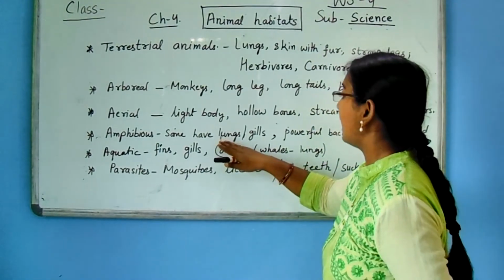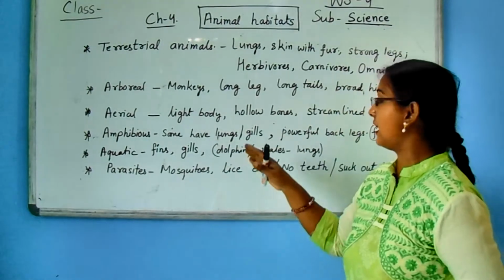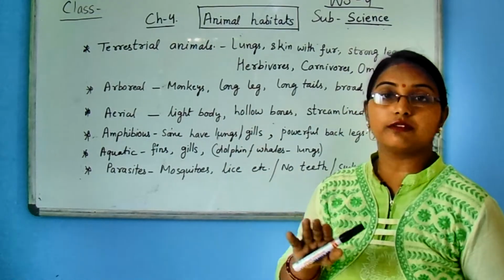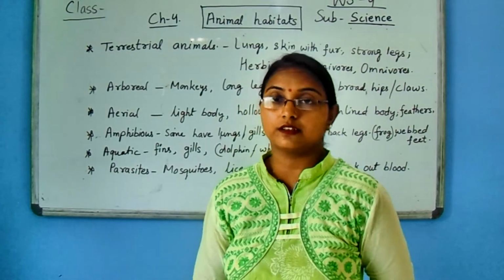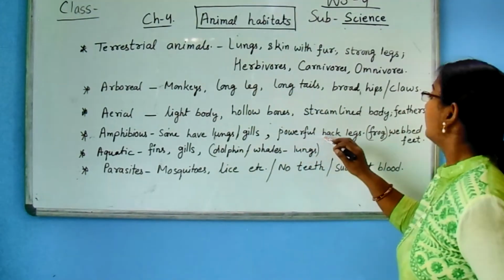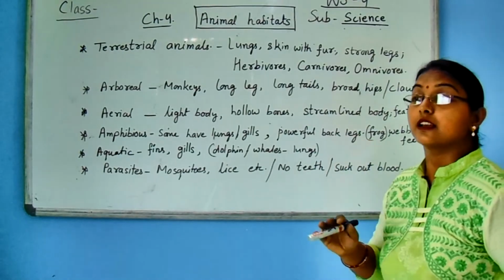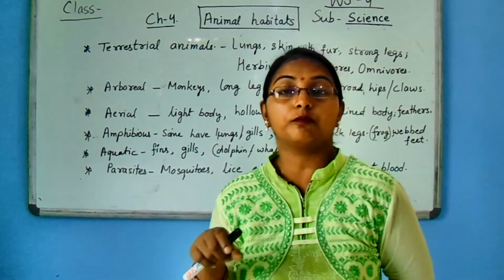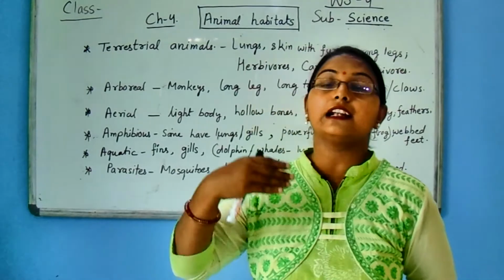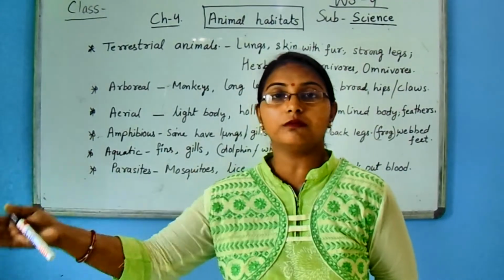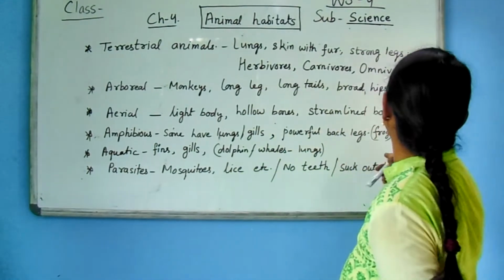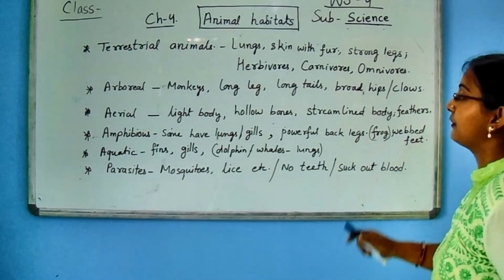That means they have lungs and some have gills. Some have lungs and some have gills for the breathing process. So they have powerful back legs. Obviously, if they have powerful back legs, they can jump like a frog. They can jump from one place to another. And they have webbed feet.